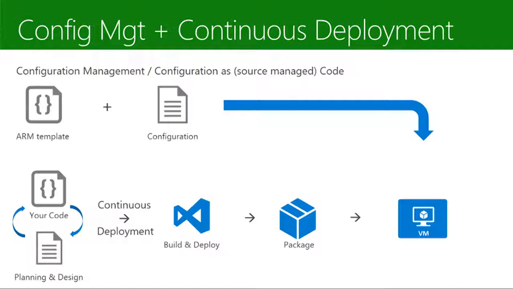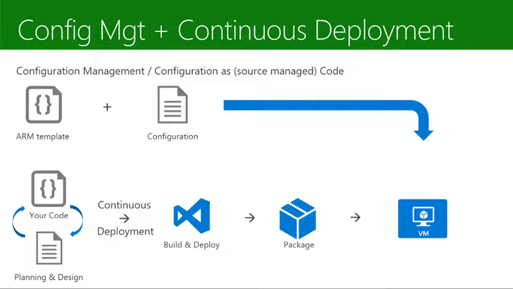So the ARM template, in Azure speak these days, Azure Resource Manager, you can write a template, and that template describes the infrastructure, which is network, storage, compute, and all of the various details involved to build out an application, to build out a SQL cluster, to build out an Active Directory cluster, and so on and so forth.